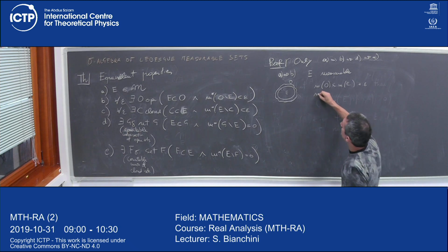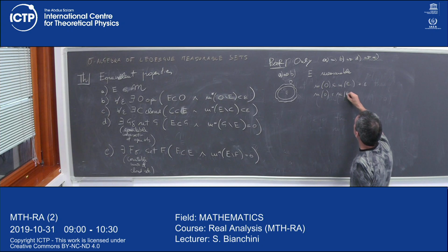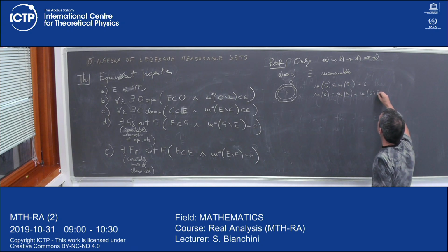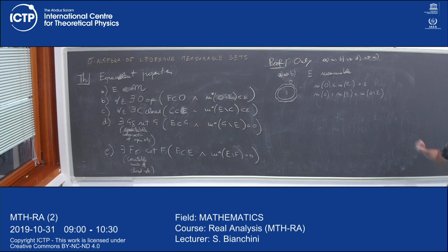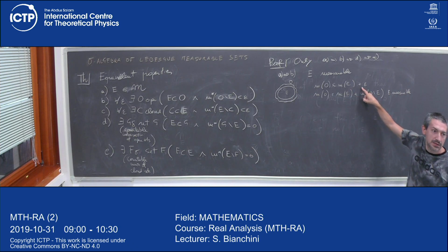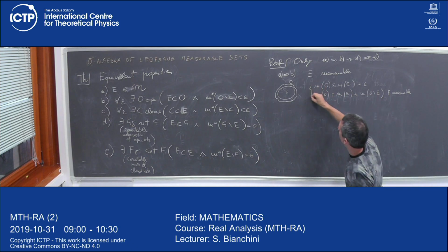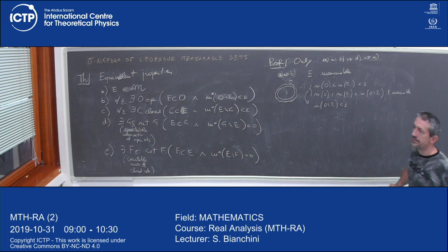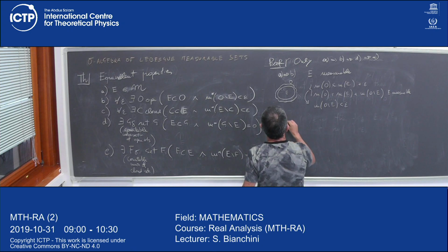By measurability, E measurable, and if I compare the two, I obtain that this is less than epsilon. So A implies B.